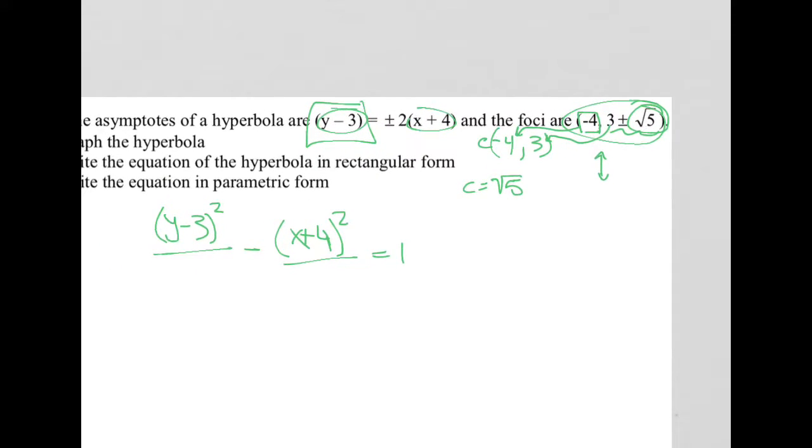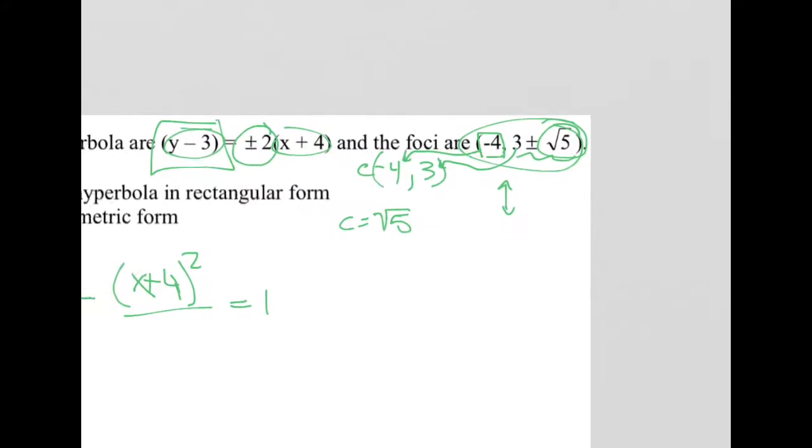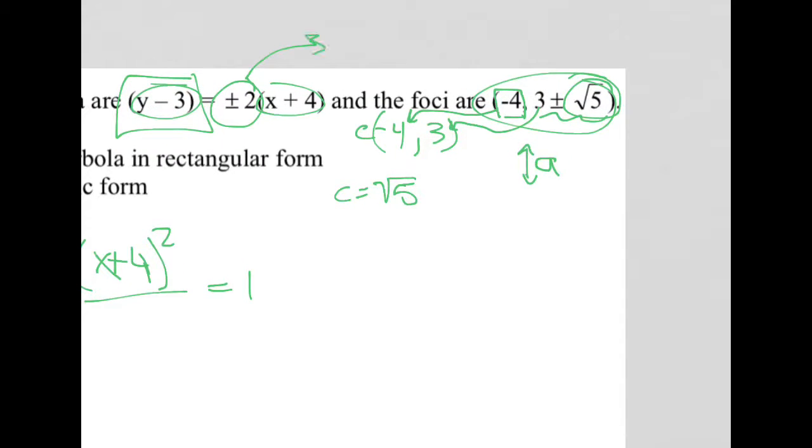All right, what else do we know? Well, we know that this slope is in the form of either a over b or b over a. But since this hyperbola is up and down, that tells you that a is running up and down, which means it's a rise. So that 2 needs to be, remember it's a slope, rise over run. Our rise needs to be a over a run of b.